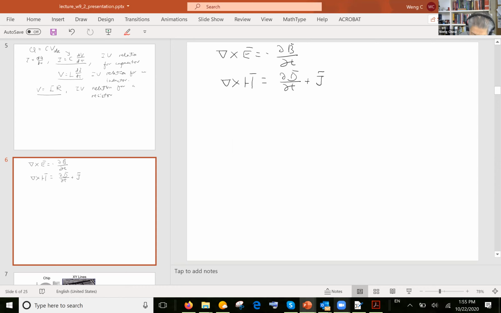And we say that when omega tends to 0, we have Faraday's law becoming like this, and then Ampere's law becoming like this.